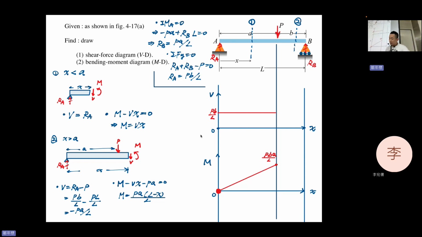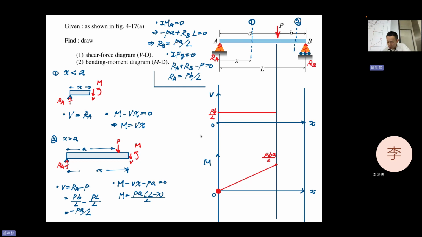So let's draw that again. Okay, so you see V in the second section is minus PA divided by L. So this is minus. Did you see that?